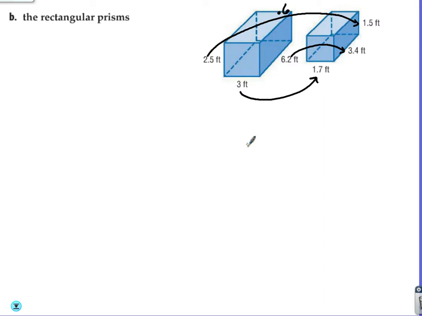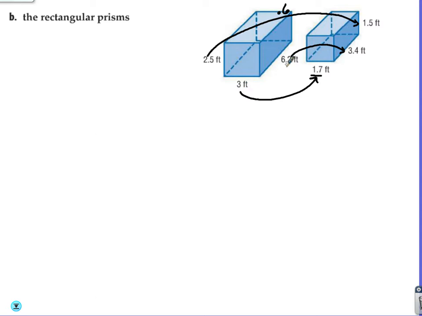Now we need to know, does that scale factor hold true for all of them? Riley, what's 3 times 0.6? 1.8. Are these two shapes similar? No. Let's go ahead while we're at it. That's going to be 0.5 something. Because if you think 3 times 6 is 18, you knew it wasn't going to give you 1.7.